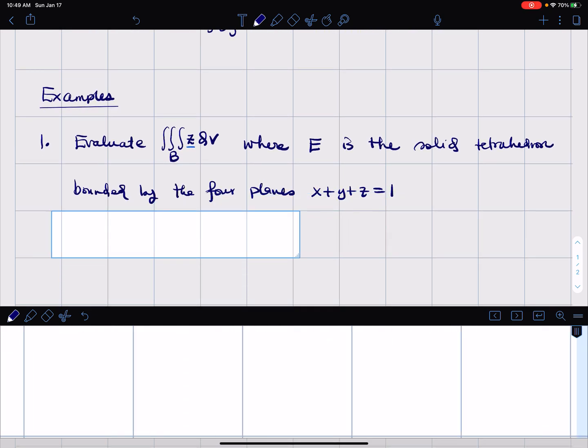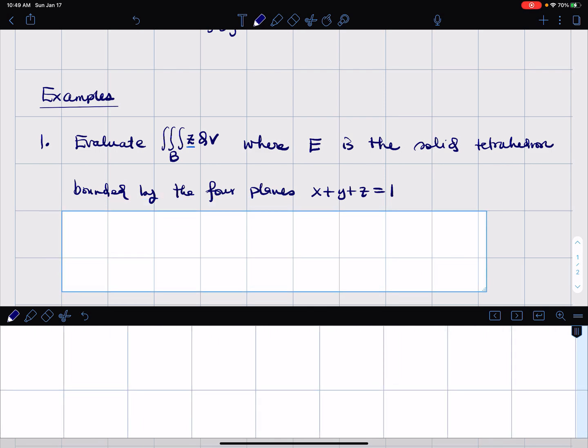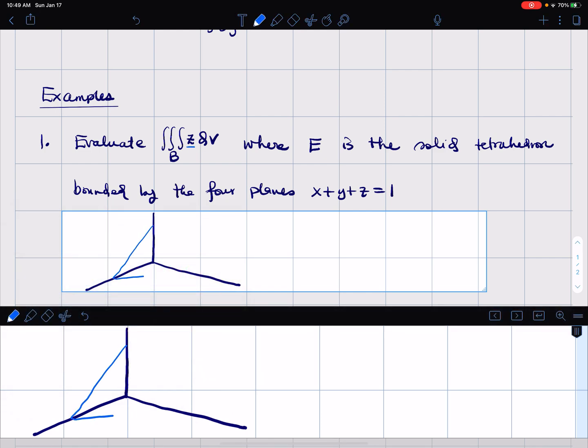All right, so I'm going to sketch our region of integration. It's actually this tetrahedron.